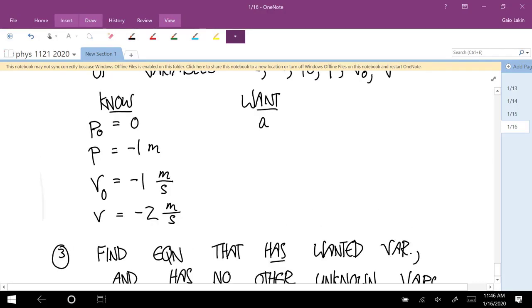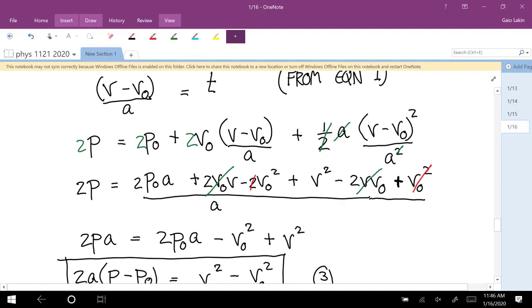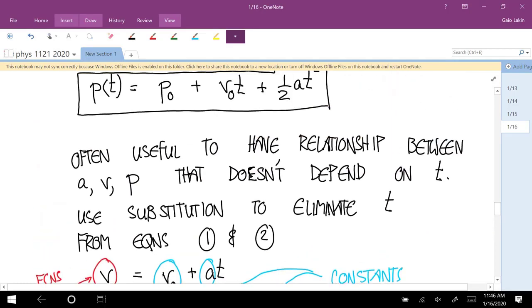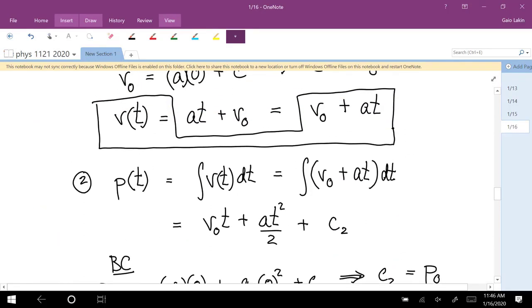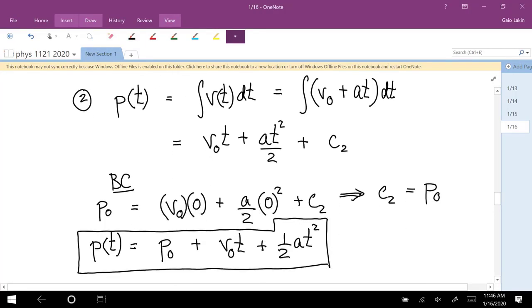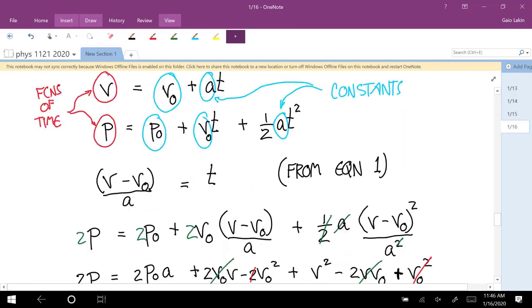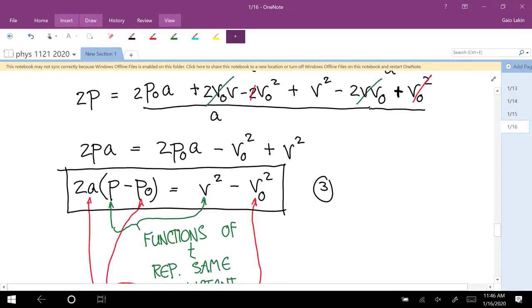Of these three equations: the V equation, the P equation, and the one that doesn't use time.